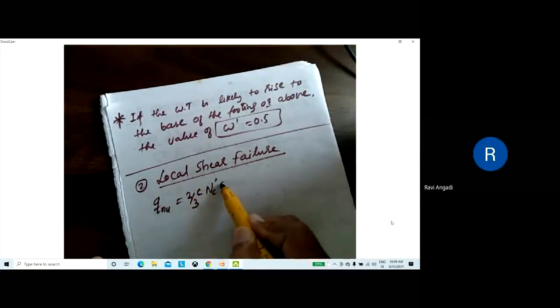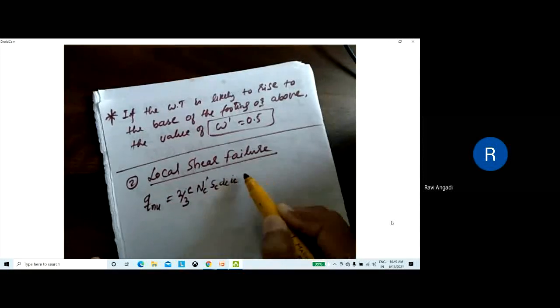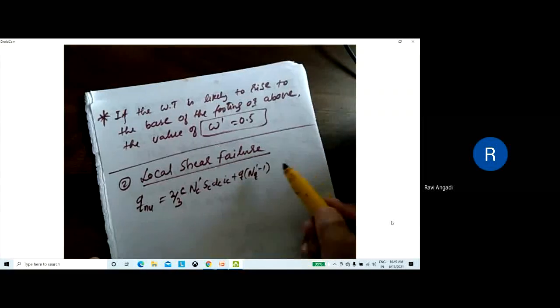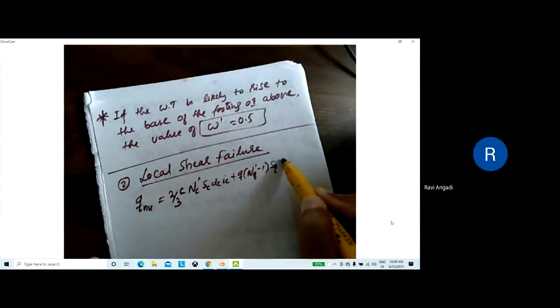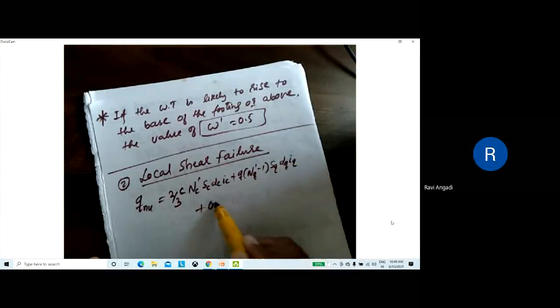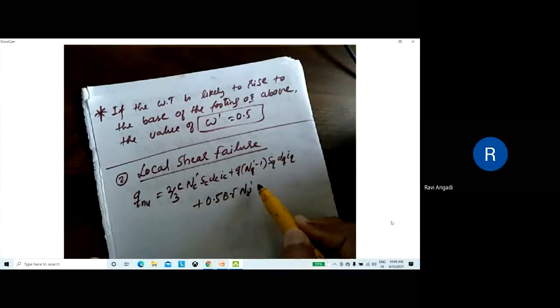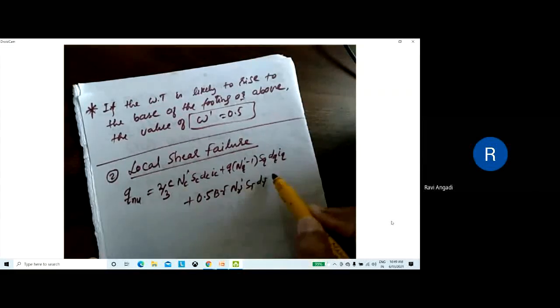Then again Sc Dc Ic, plus q into bracket Nq dash minus 1, Sq Dq Iq, plus 0.5 B gamma N gamma dash S gamma D gamma and I gamma, then W dash.